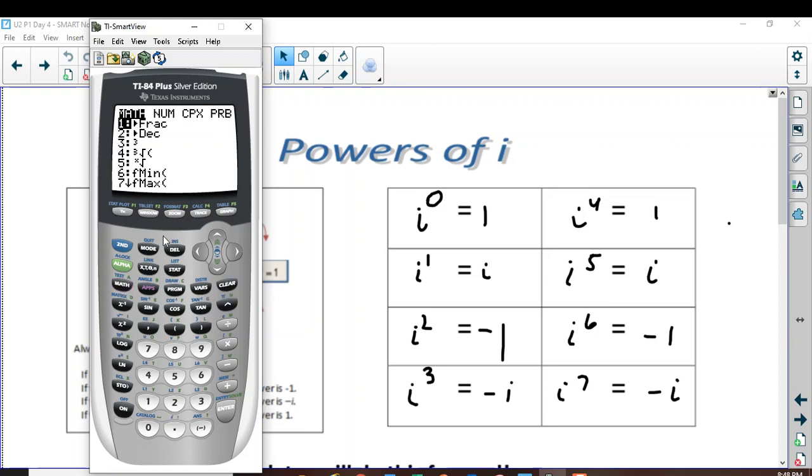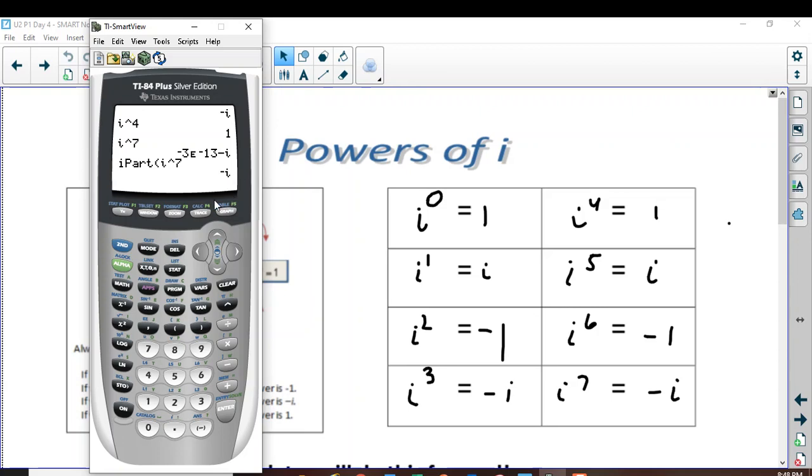So math, arrow over to num, and then go down to the i part, which is 3. You could just do that or type in 3. And then now I'll put in i, so second decimal, and then my exponent is 7. Notice now I just get the minus i part. It takes away this 0 part, this 10 to the -13th part. And so I get minus i.